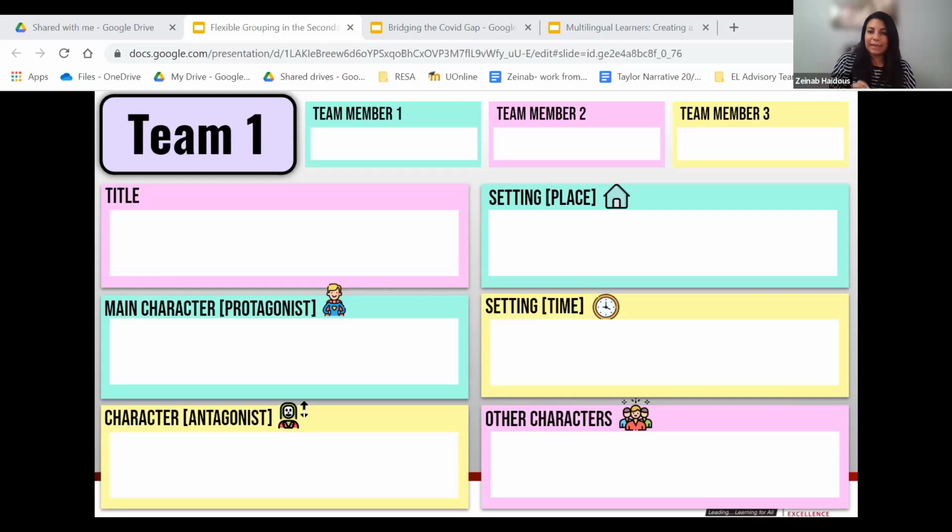So you can assign each person in the group a certain color, and they are responsible for completing the task that is associated with the color. And for any struggling learners that you have, or English learners, or even students with disabilities, you can pick the color for them. So you can say, okay, which colors need the least work, or which would be appropriate for any struggling learners, and you can assign that for those students as well.